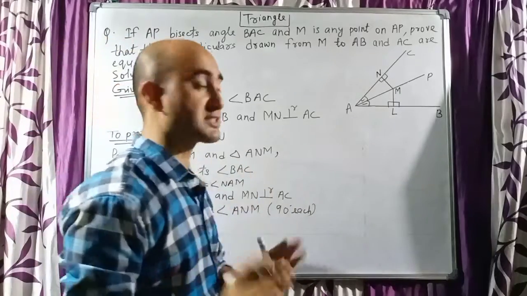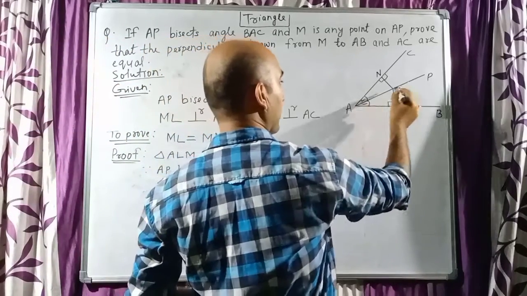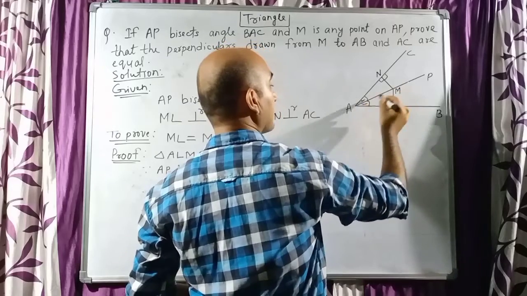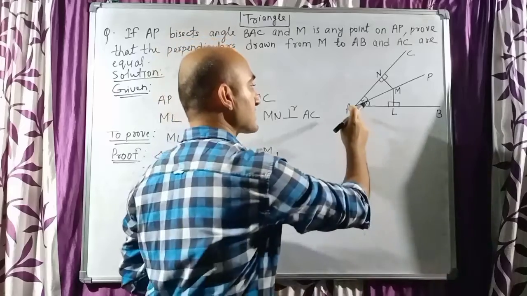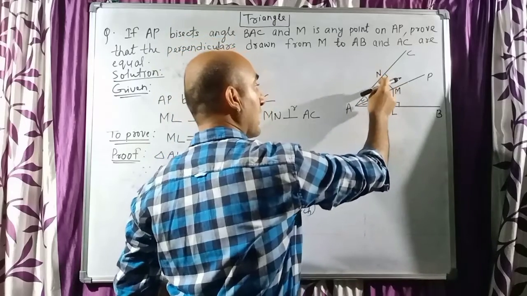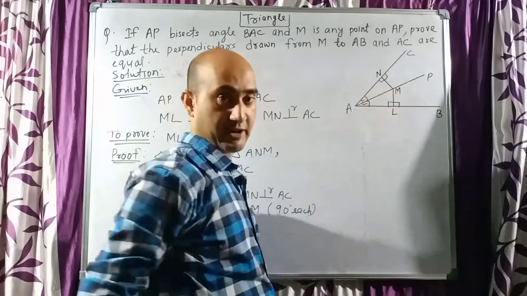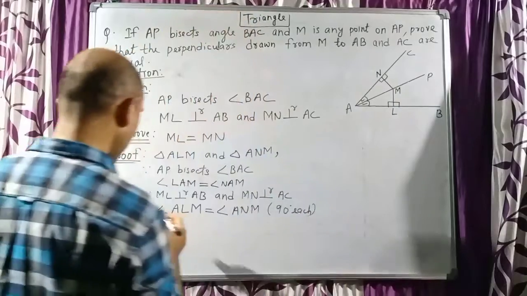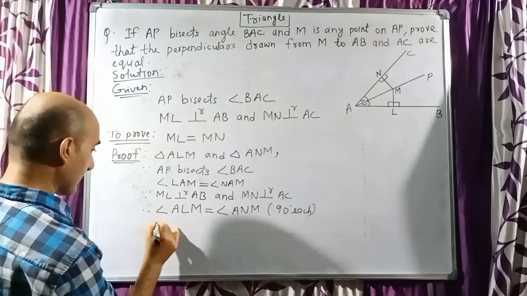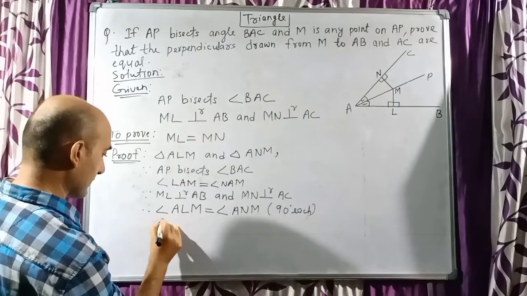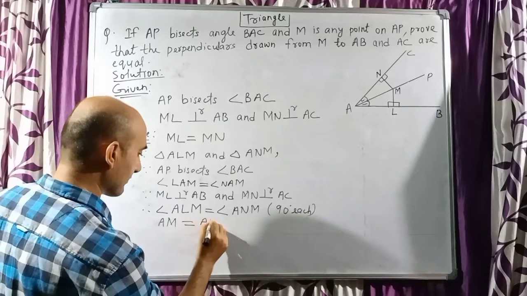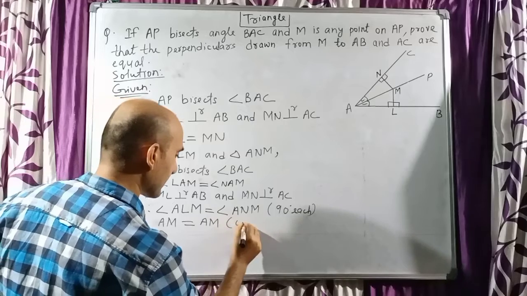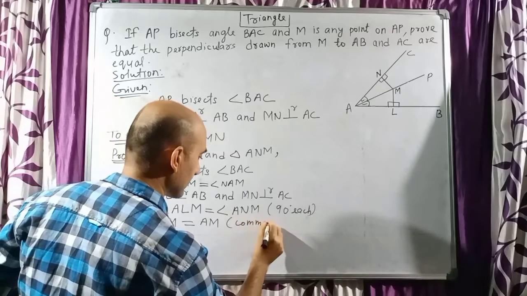Now one more thing is equal. You can see straight line AM is common to both triangles. This AM falls in the upper triangle as well as in the lower triangle. That means I can say AM equal to AM, common side.